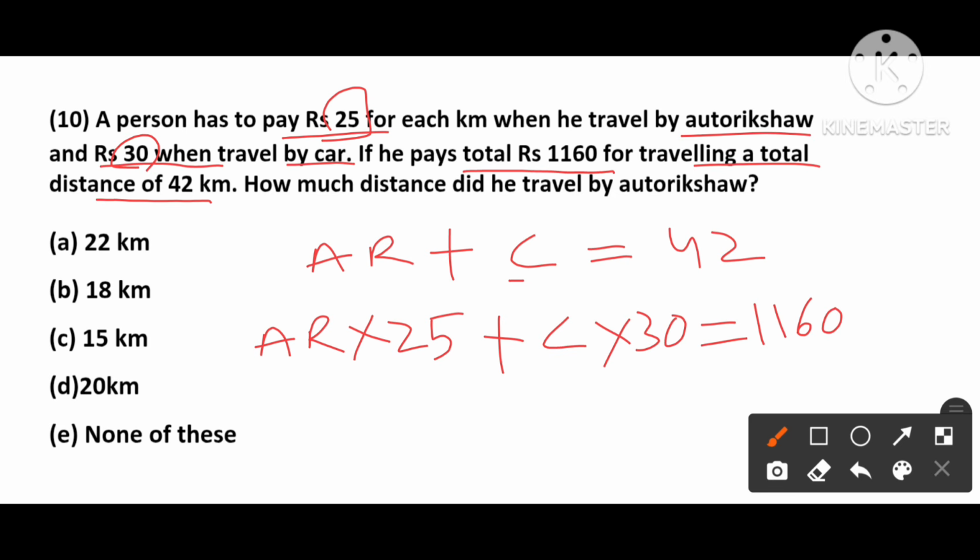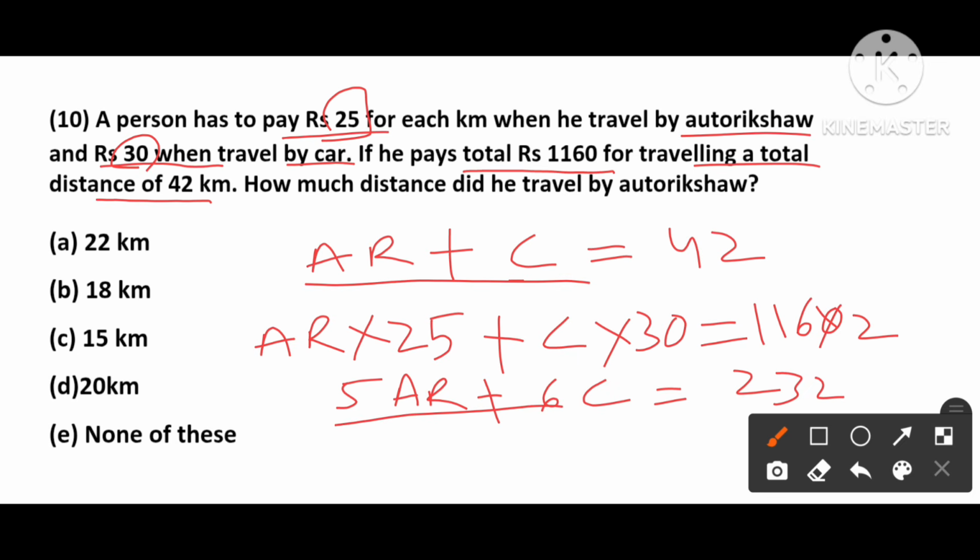So in this second equation, we see 5 as common. 5 times 5 is 25 AR plus 5 times 6 times C equals 5 times 232. So we have this equation and this equation.